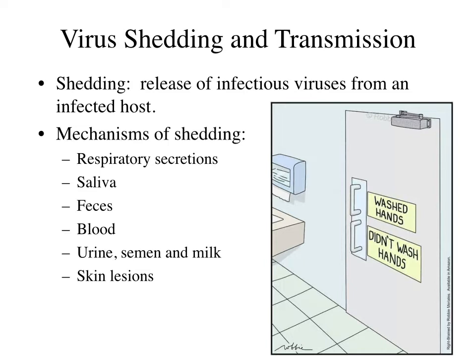So it survives drying, and then it can be aerosolized when the dried urine and also the dried feces get aerosolized. People can breathe it in. HIV and hepatitis B are spread through semen. And skin lesions, herpes simplex, pox viruses can be spread by direct contact through skin lesions.